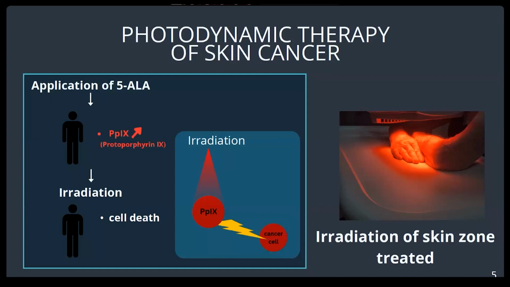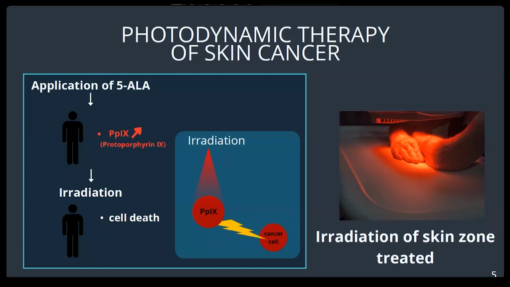This molecule is really important because it has two main properties. The first one is that it transforms the light into energy that will kill the tumor, and that's what we want, to kill the cancer.